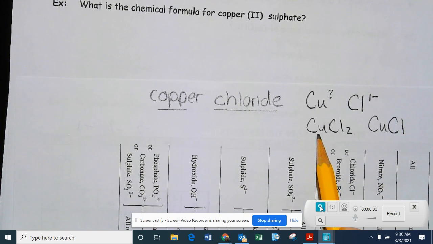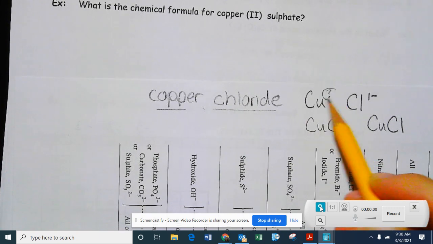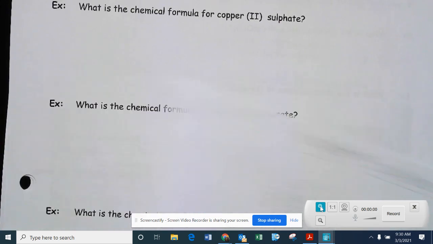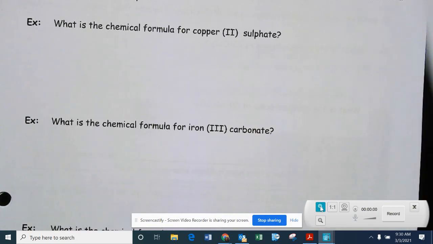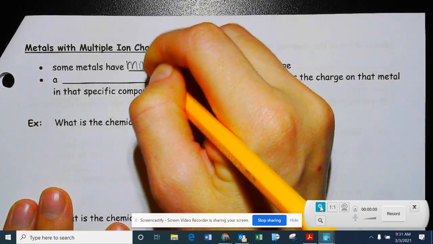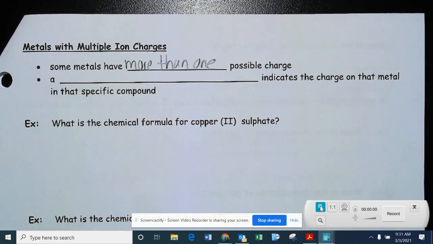So it's really important that in the name, we include the charge that's on copper or on any of the metals that are not in those first 3 rows that we can identify, so that a person who's getting the formula from that knows which copper ion they're working with. So what that's called is a multivalent ion, and that's metals that have more than one possible charge.